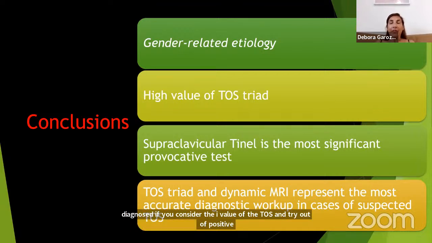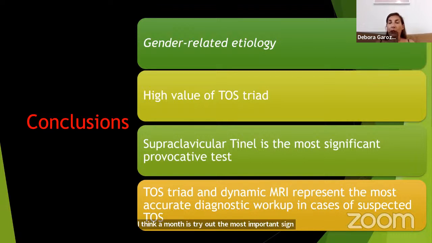Among this triad, the most important sign is the supraclavicular TNL, and the association of a positive TOS triad with a dynamic study of the brachial plexus on MRI can represent a very good diagnostic workup to confirm the diagnosis in these cases.